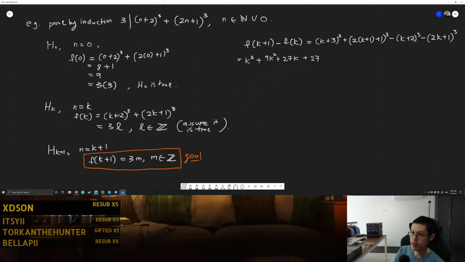Okay, move that away. So next one we have, you simplify this guy, we get (2k + 3) cubed. So the first one is going to be 8k cubed. The second one is going to have a coefficient of 3.